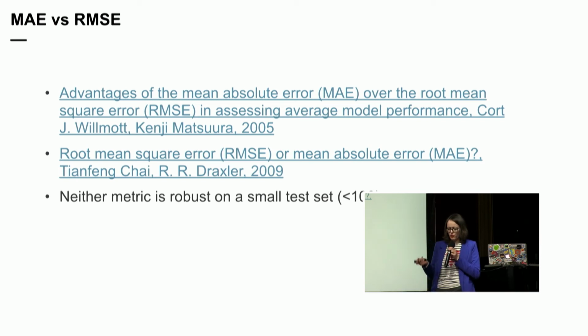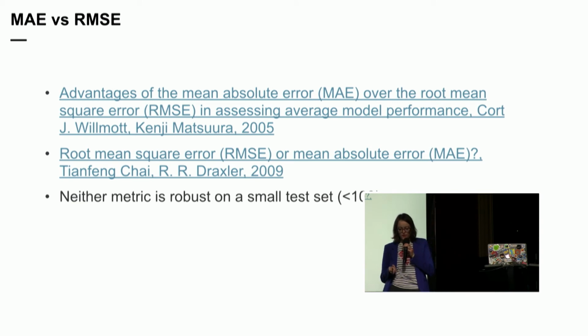And if you have a really, really tiny test set, neither of them is actually going to be robust. But for most practical purposes, I find that RMSE is doing just fine, and you only want to use absolute error if you really want to downplay the outliers.